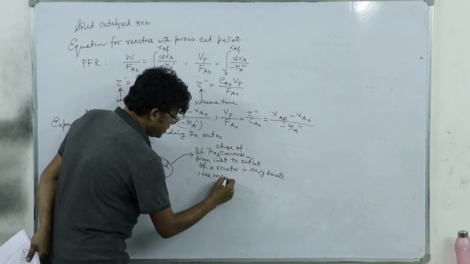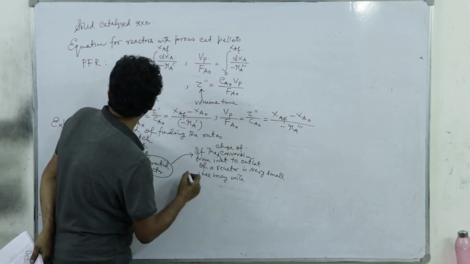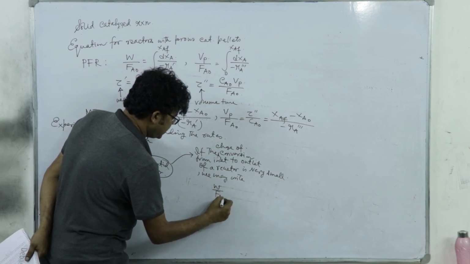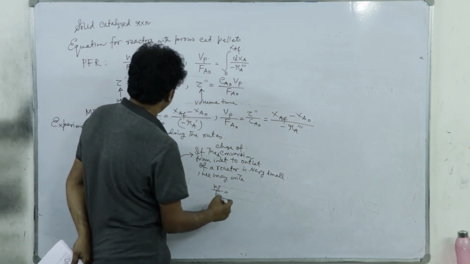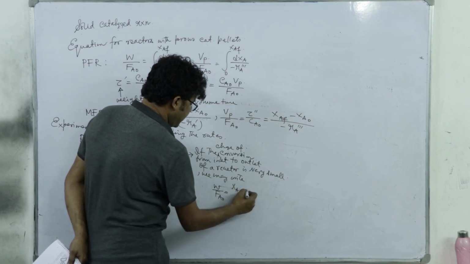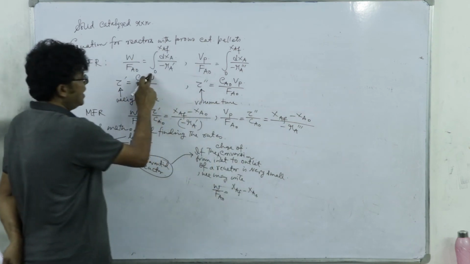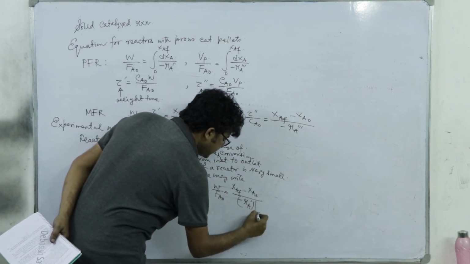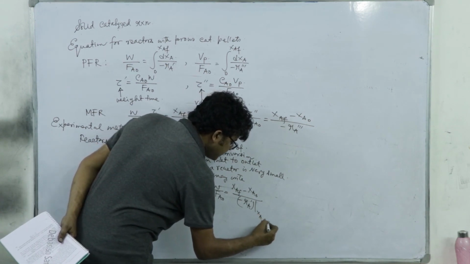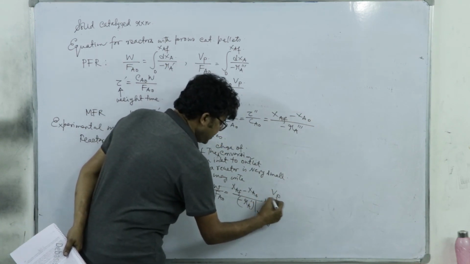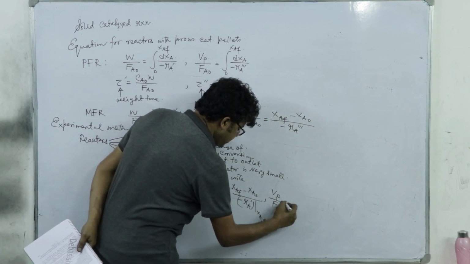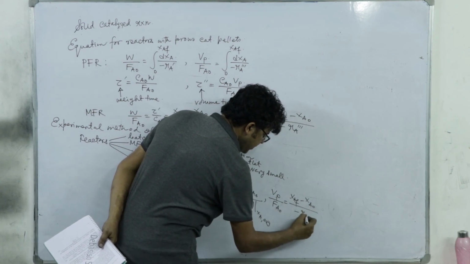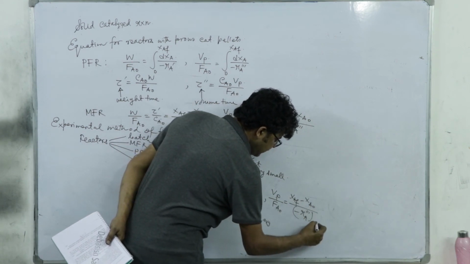we may write for PFR basically, W by Fa naught equal to XAF minus XA0, then minus Ra prime at XA average, or Vp divided by Fa0 is equal to XAF minus XA0 divided by minus Ra triple prime average.